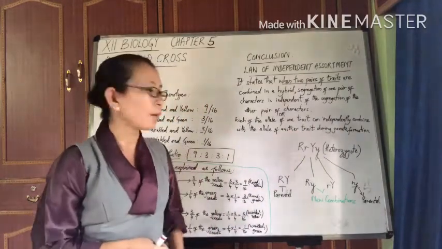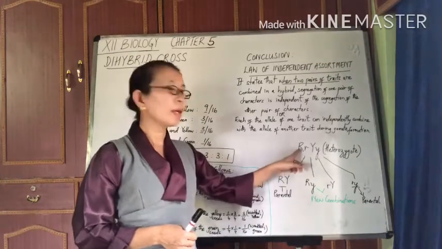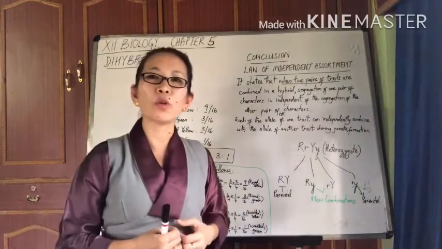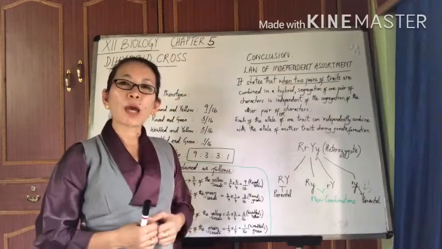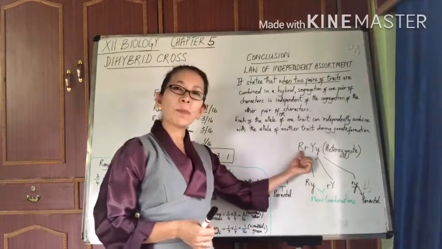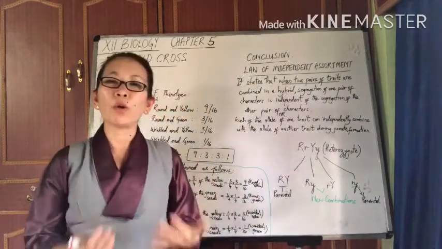So I'll give you an example. For example, when we have a heterozygote having capital R small r, capital Y small y as its genotype. Now in such a plant, during gamete formation, capital R, or the round seed, need not always go with yellow.